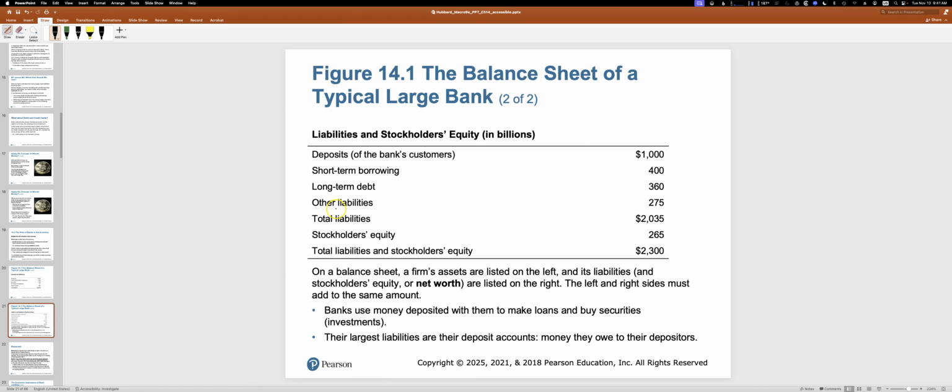So we add that up and we get our total liabilities. And then the stockholder equity is just what value shareholders have in the bank structure. But we can see that the biggest liability overall still is the deposits.